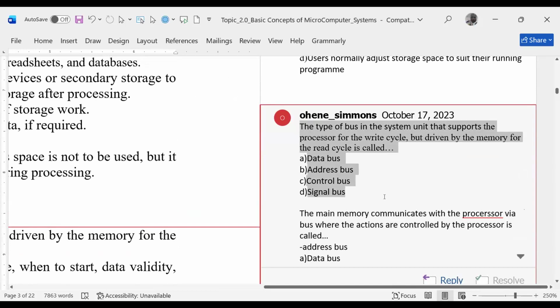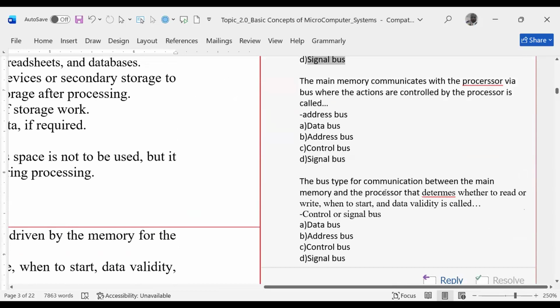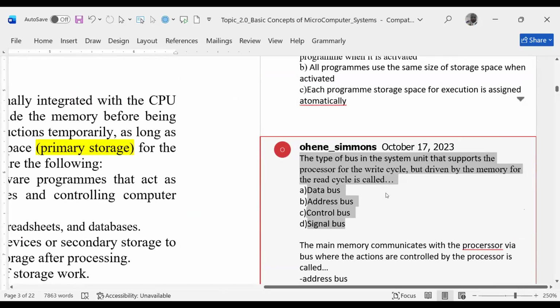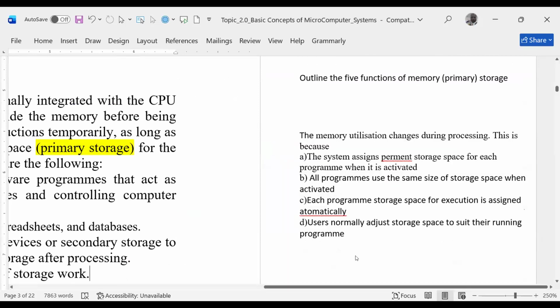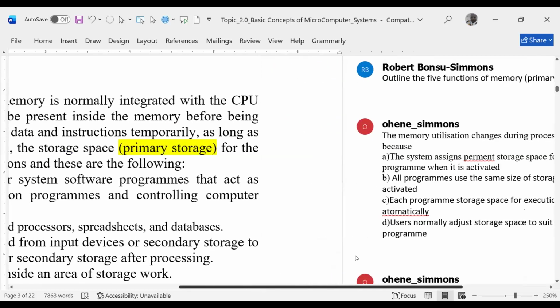So tell us the answer. Sir, A. A is what? Data bus. Do you agree?